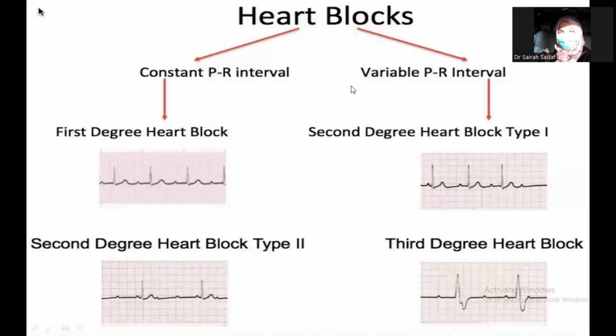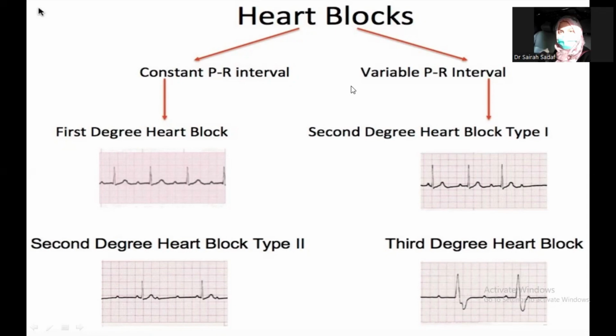The atria will contract first, and there will be a more than usual delay in the contraction of the ventricle. This delay, the whole atrial cycle, is represented by the PR interval, right?